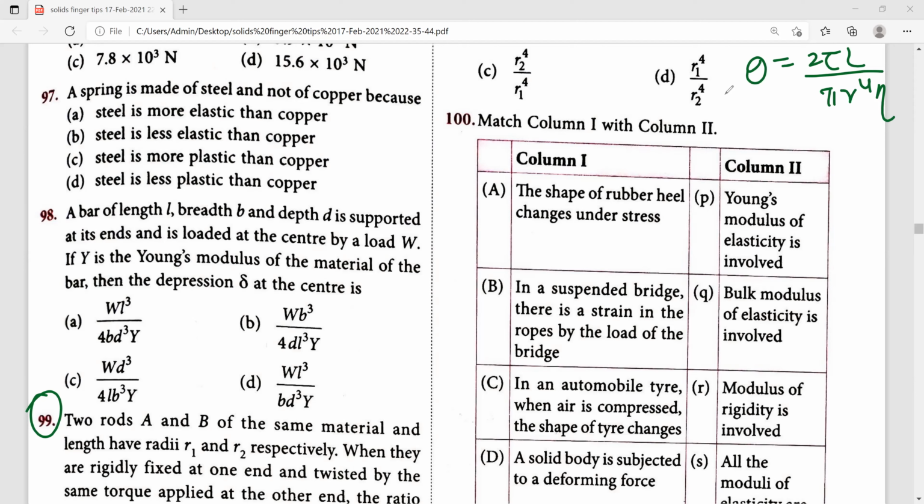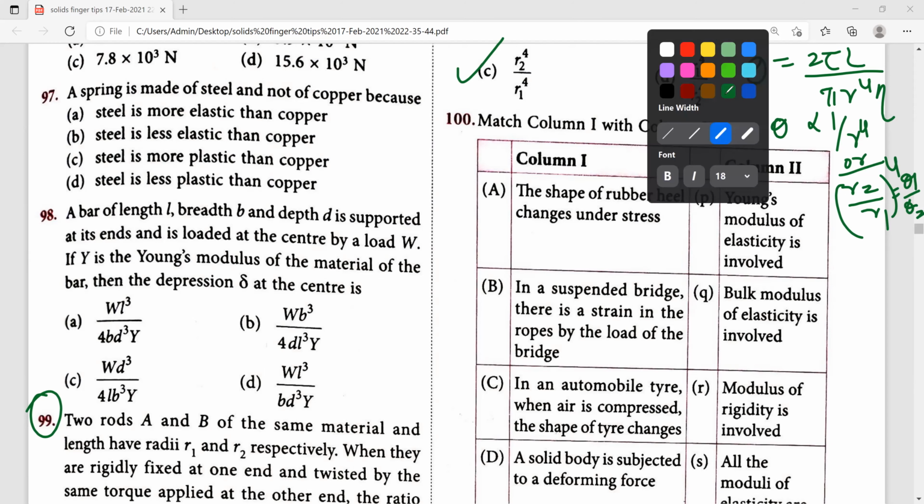L, tau and eta are the same for both the wires, so theta is directly proportional to the 4th power of radius. You can represent this as R2 by R1 whole to the power of 4 is equal to theta 1 by theta 2. Therefore, C1 is the right answer.